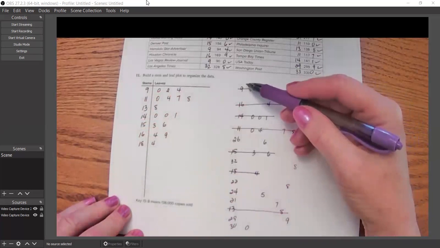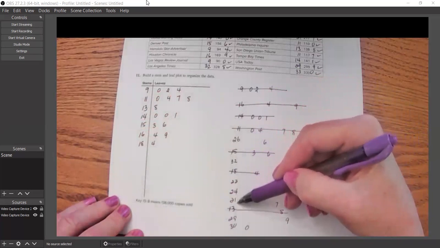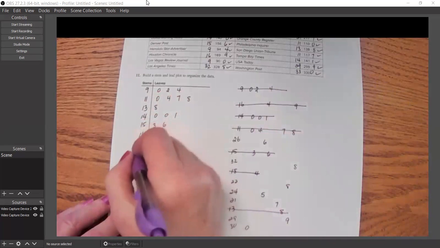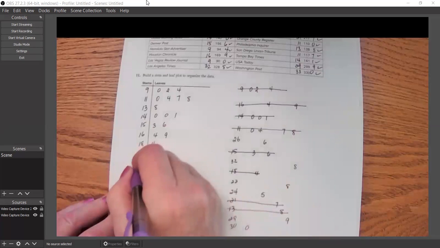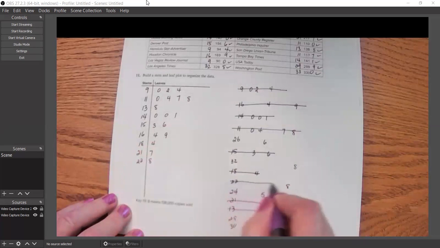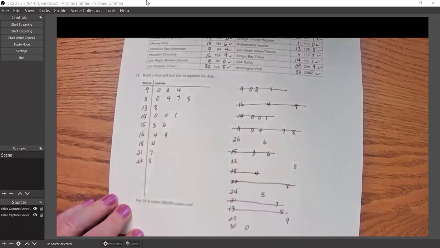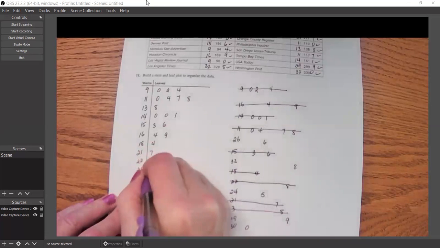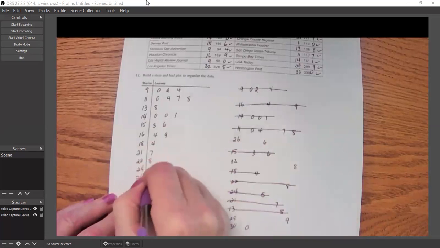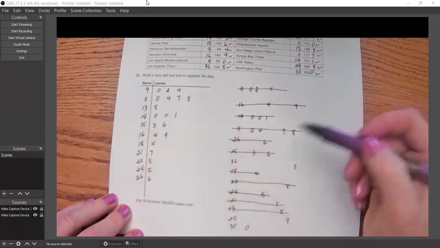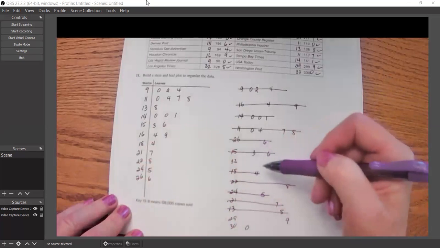Don't see any 19s. How about a 20? No 20, but here's a 21, 7. And a 22, 8. No 23s. 24, 5. 26, 6. No 27s.